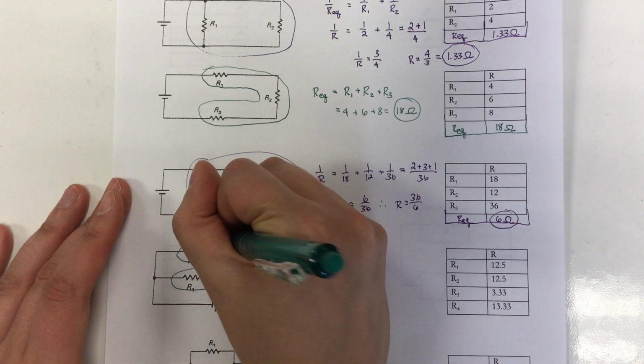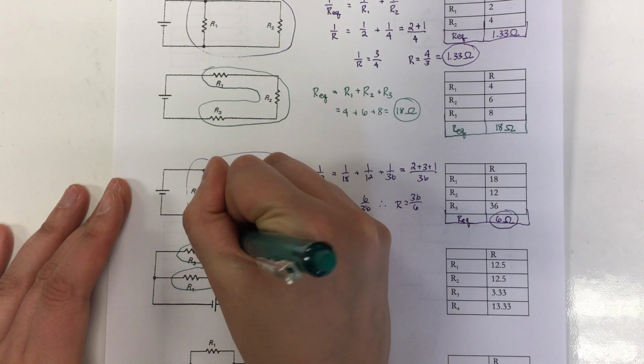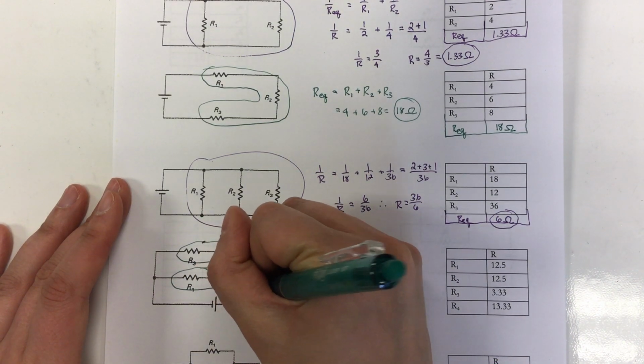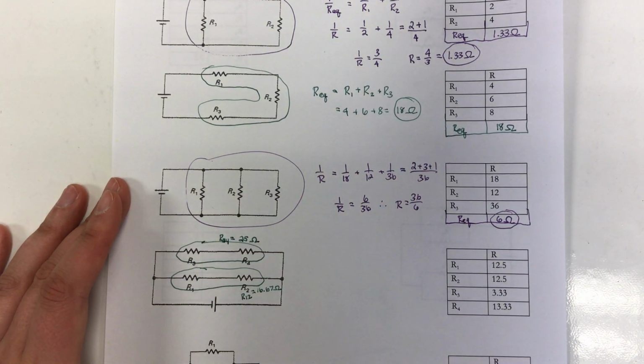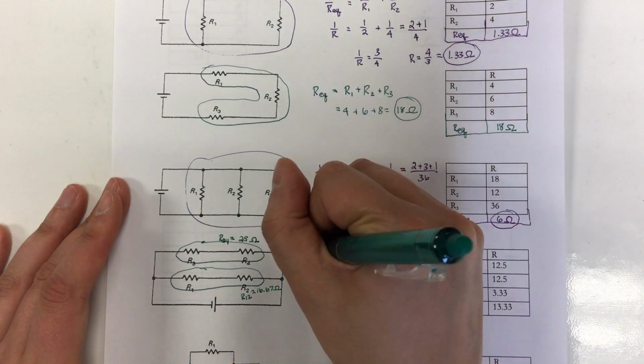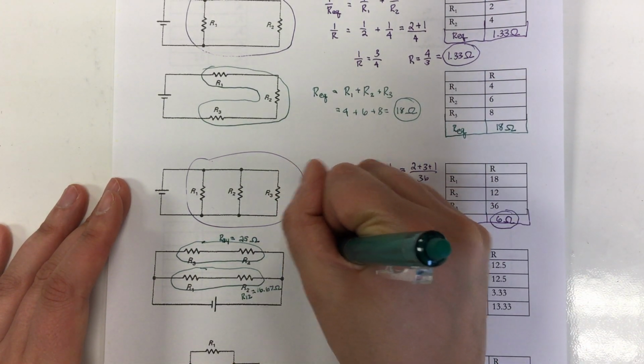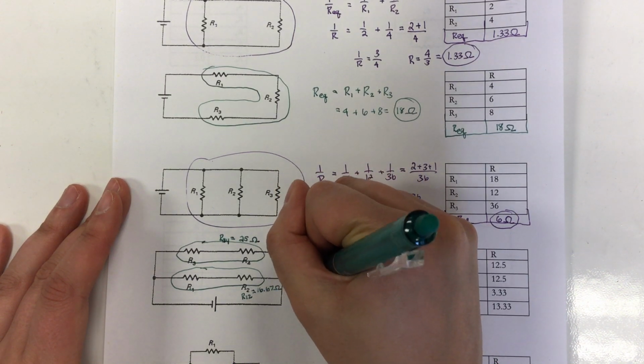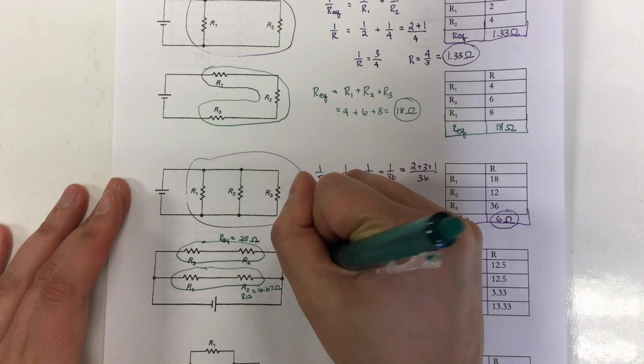Sometimes you'll see me write this in notation. So this is R3, R4 is equal to 25. R1, R2 is equal to 16.67. And doing the redraw here, this is like a 25 ohm resistor in parallel with a 16.67 ohm resistor.